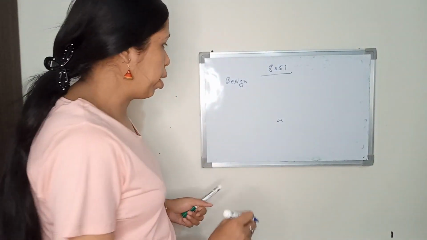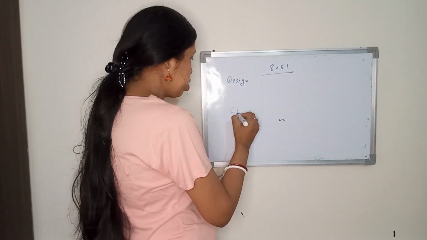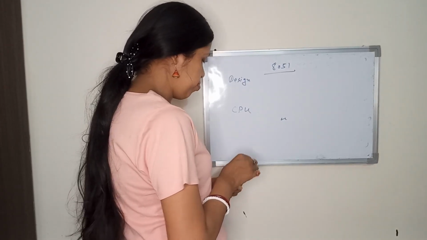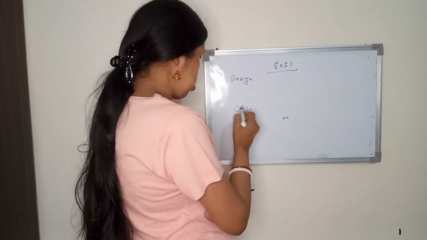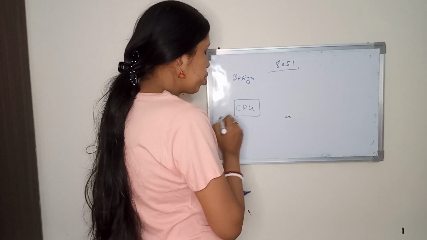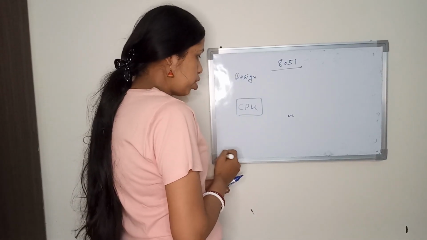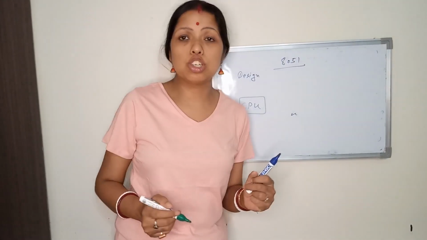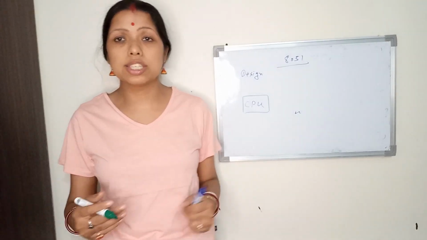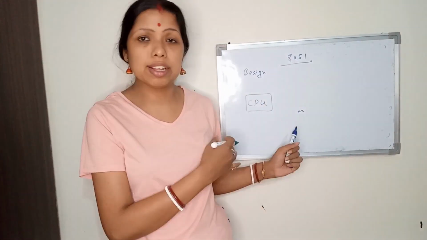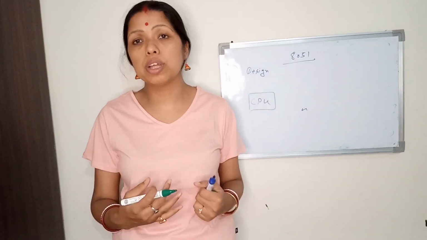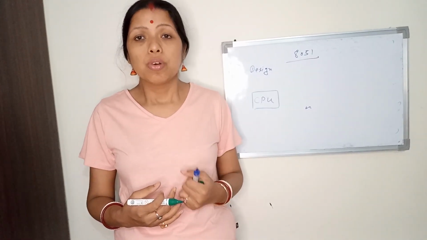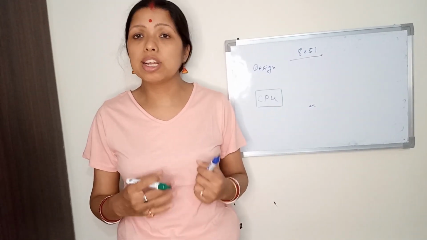So you have to remember CPU here. What is the function of the CPU? I will discuss this later, so I'm not writing the function now, I'm just telling you what it is. CPU means central processing unit.